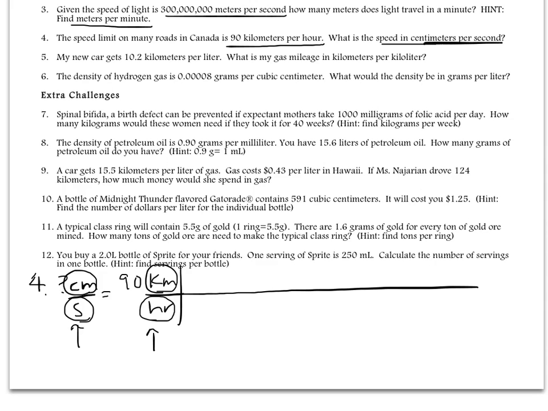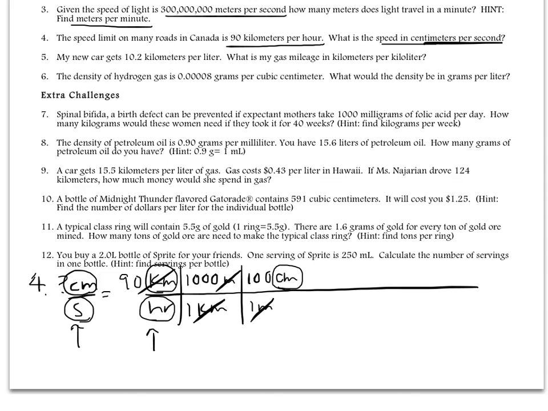So, if I just focus on my kilometers to centimeters, right, I know that in 1 kilometer there are 1,000 meters, and in 1 meter there are 100 centimeters. So that was already a two-step conversion right there. But that allows me to cancel out kilometers and meters, and it gets my top units as centimeters, which is good because that's what I want.